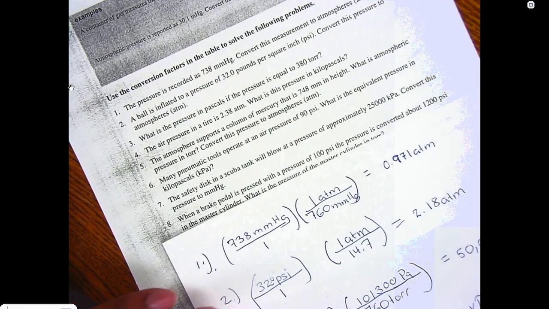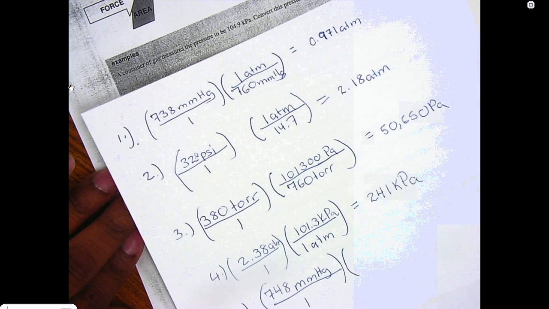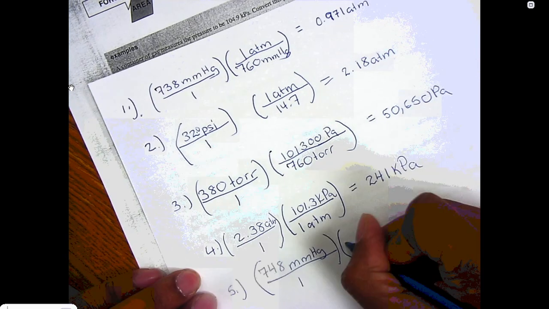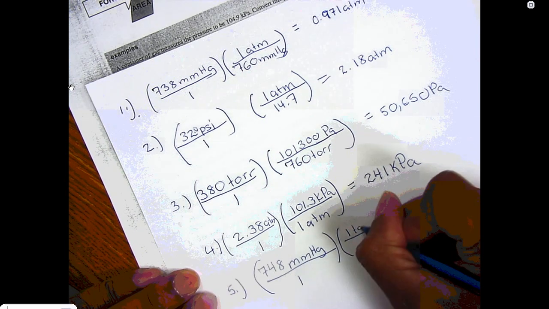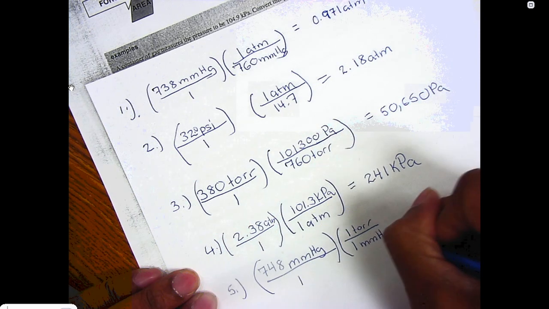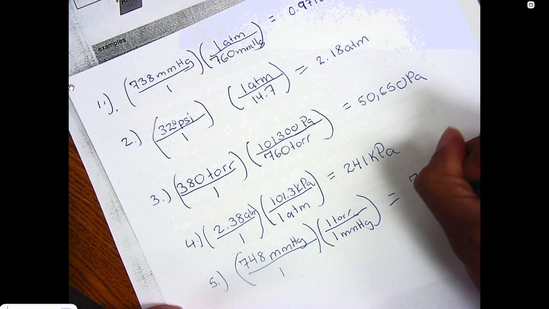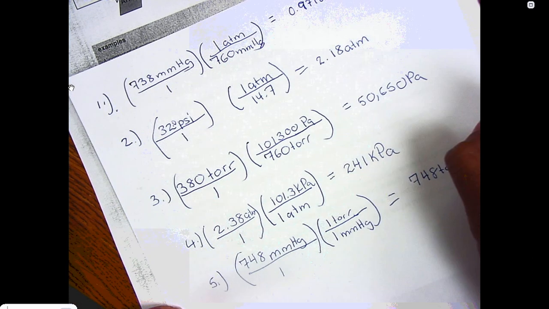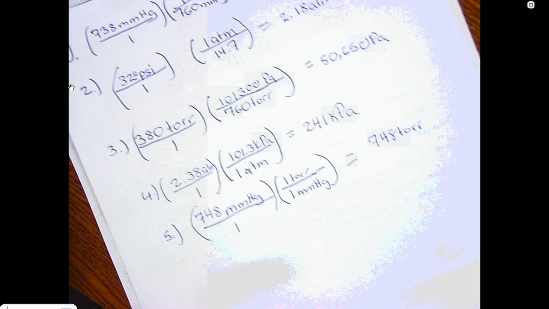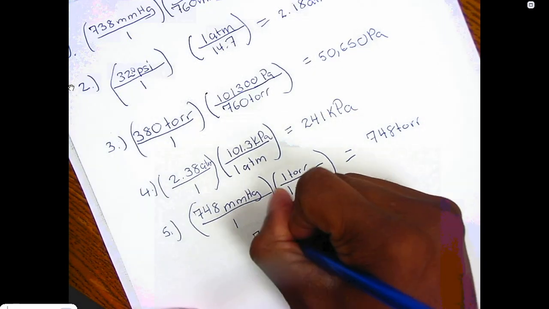So using this understanding, I understand that 1 torr is equal to 1 millimeter of mercury. Therefore, this is equal to 748 torr. But we still need to convert that to ATMs.